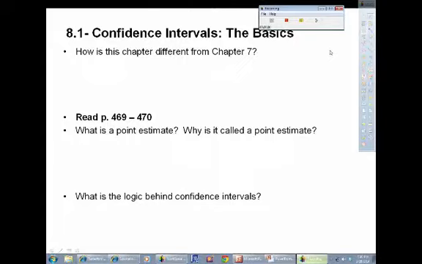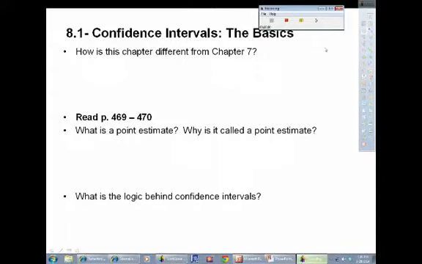We're going to be making a big transition from Chapter 7 to Chapter 8. In Chapter 7, we assumed that we knew the true value of the parameter and then asked questions about the distribution of the statistic used to estimate the parameter. For example, assuming mu was 10, what is the probability that x bar is greater than 12?